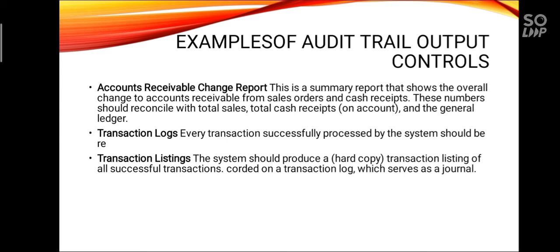These numbers should be reconciled with total sales, cash receipt on account, and the general ledger. Bale, test ng completeness, parang ganon. Kasi chine-check natin kung yung record ng sales, meron siyang sales order.